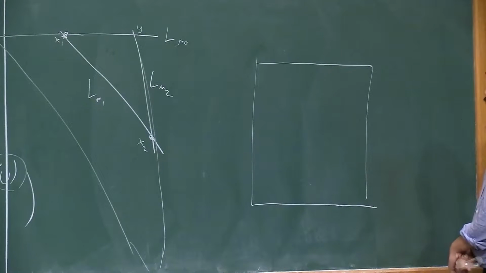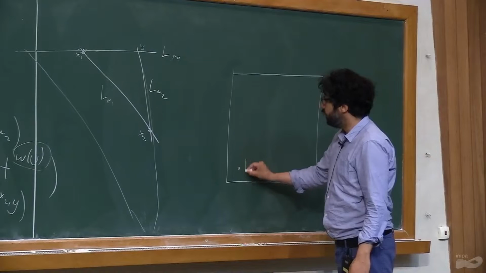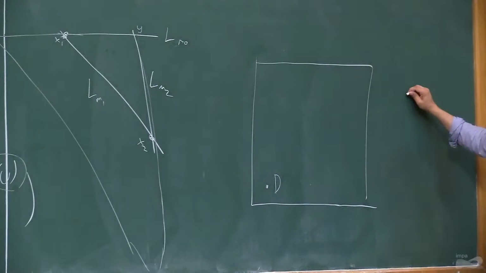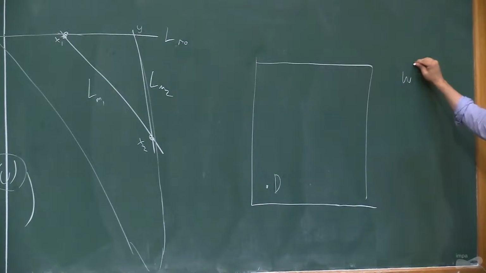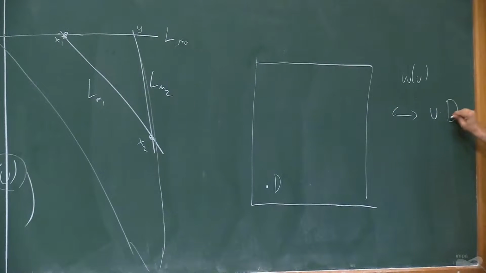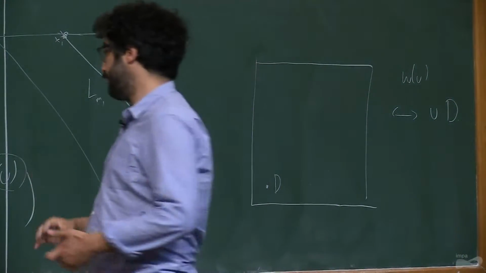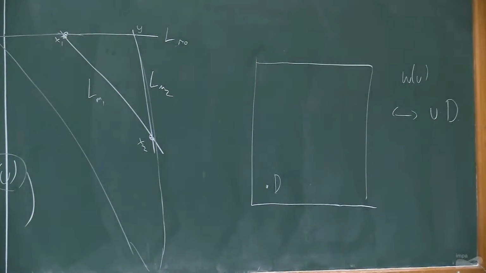A nice way of modifying this is choosing a divisor. So it's a point in this case. And instead of omega u, you replace it with intersections with this divisor. Okay, so this is somehow a sort of limit of this where you think of the symplectic form concentrated around that divisor.